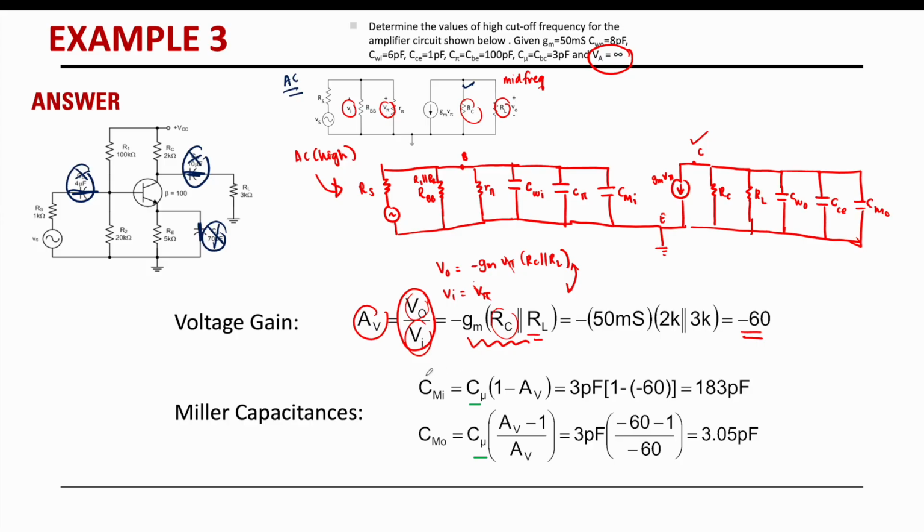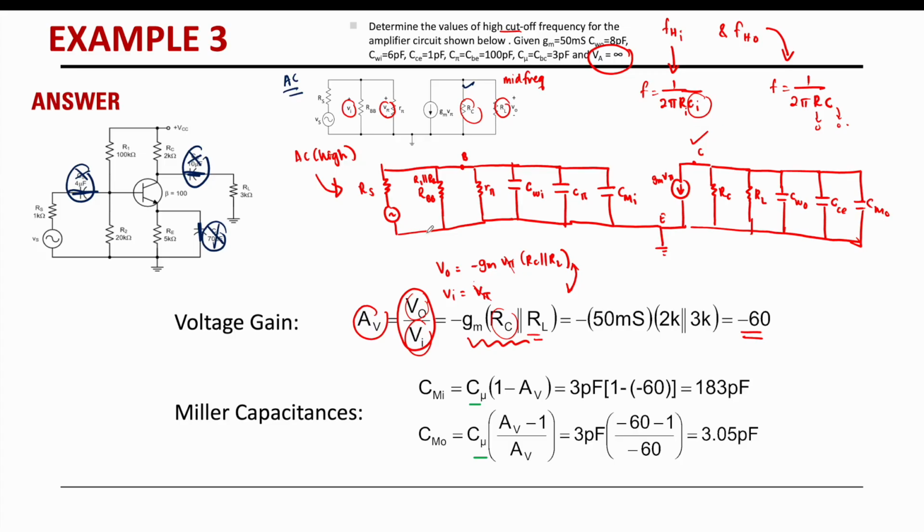Next, what we need to find are FHI and FHO. For FHI, the formula is F equals 1 over 2 pi RC, where R and C are at the input. For FHO also, F equals 1 over 2 pi RC, with R and C at the output. First of all, we need to find C in.